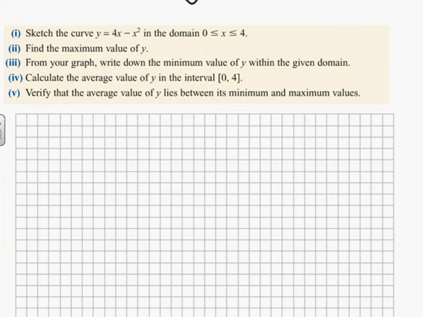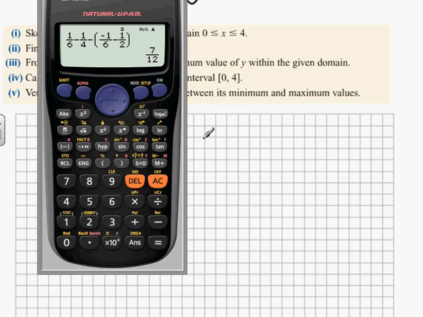Now, next one. Sketch the curve of this in the domain 0 to 4. Find the maximum value of y. So I'm just going to put that into my calculator.